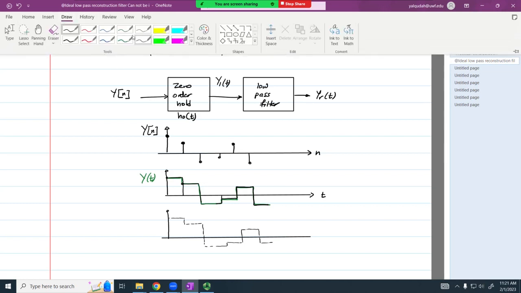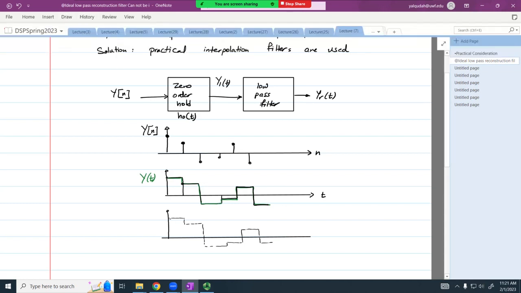So I'm going to get an output that's going to look something like this. And this is my reconstructed signal. Is that clear?